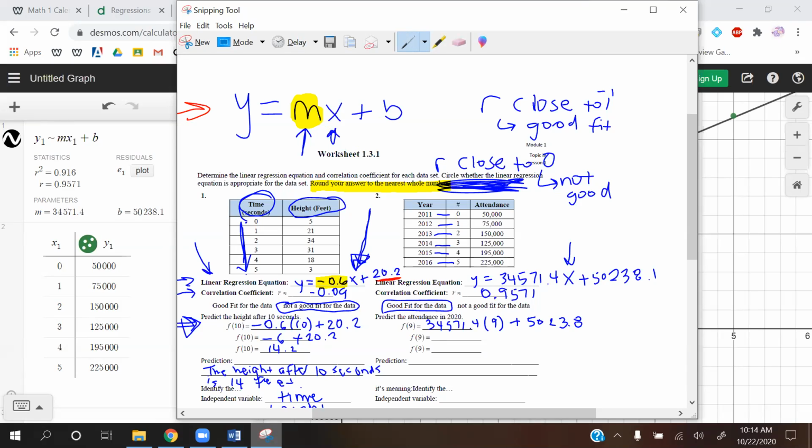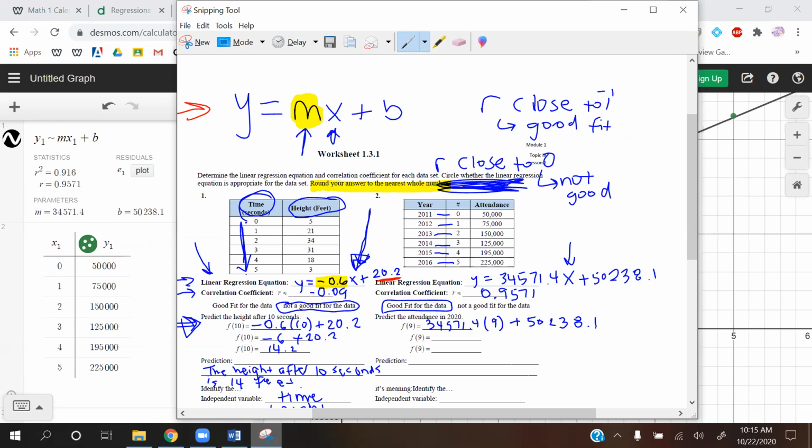50238.1. Wait, no, not that. What was the number? 50238.1. Okay, so I just rewrote the equation and I just plugged in 9.